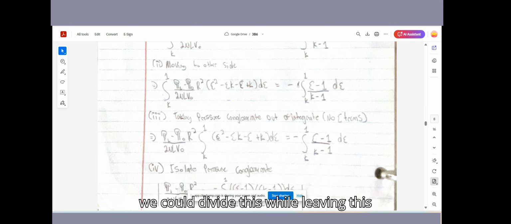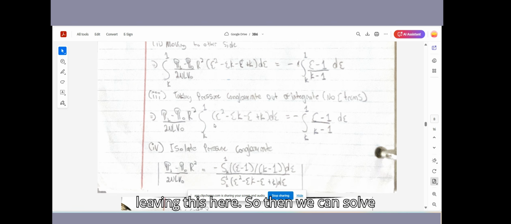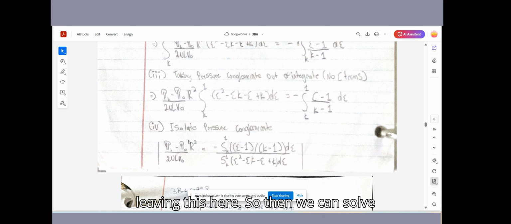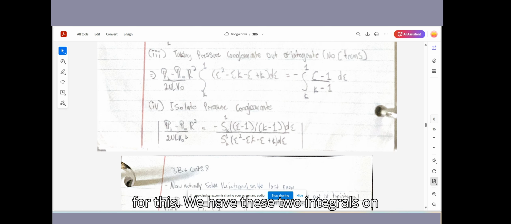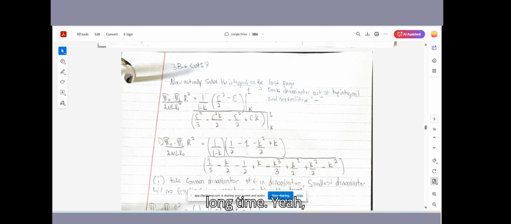And then we can divide this to the other side while leaving this here. So then we can solve for this. We have these two integrals on top of each other. So that's kind of cool. And then we just do the integration, which is kind of annoying to look at and takes a long time. It's a pain in the butt.